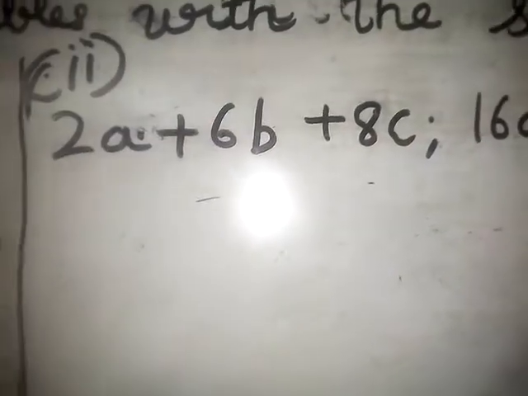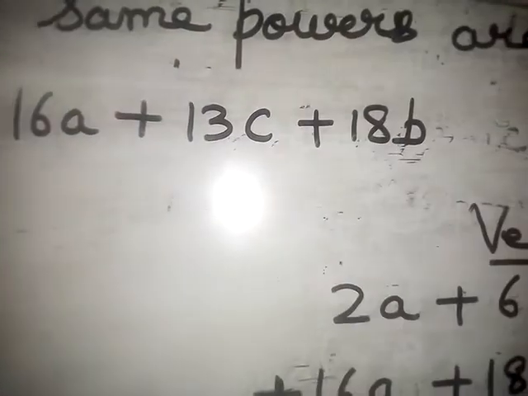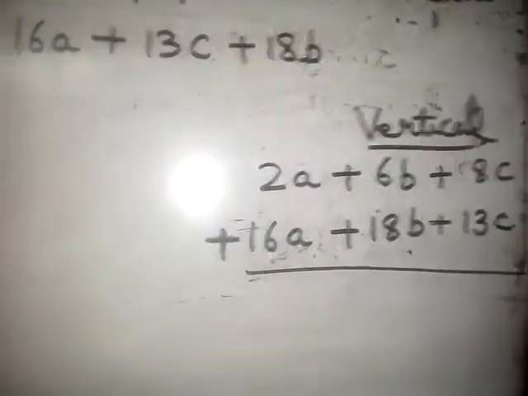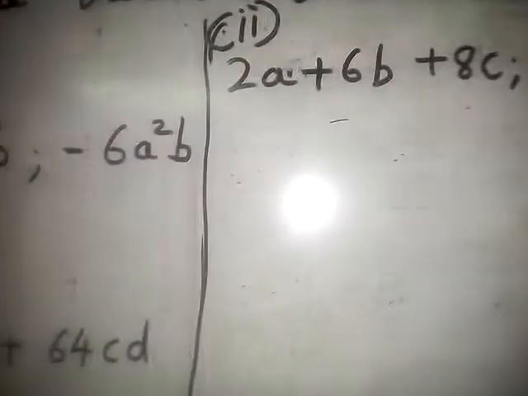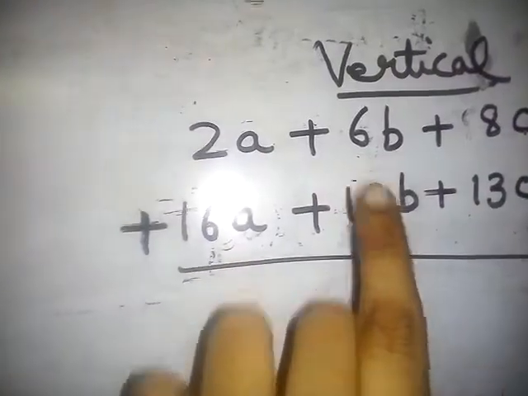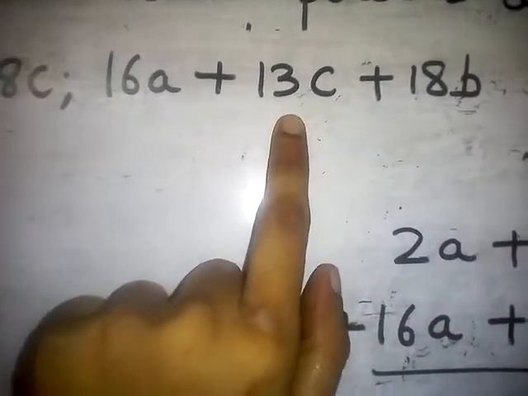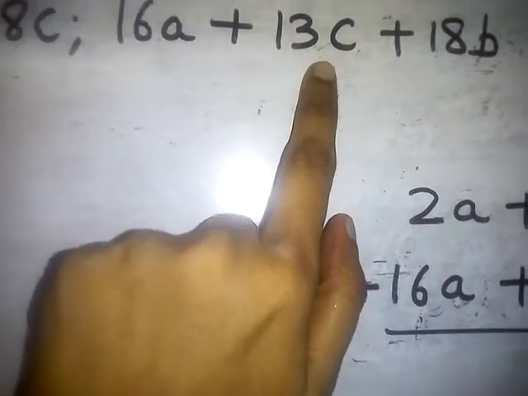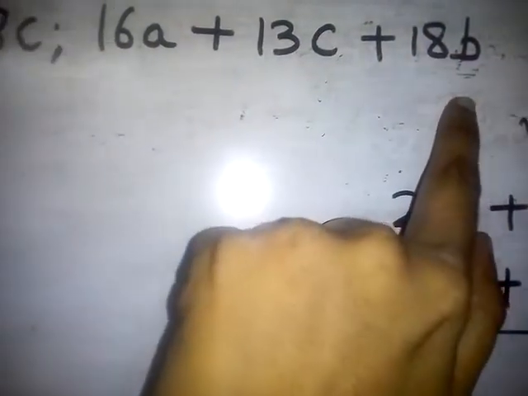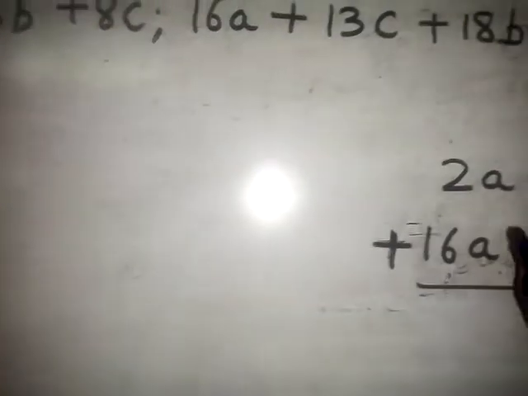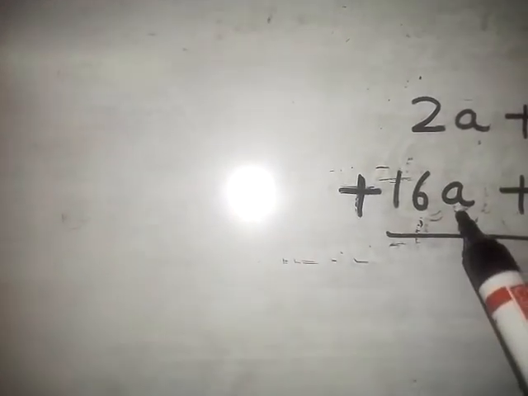See, look here: 2a plus 6b plus 8c, 16a plus 13c plus 18b. Look at these terms properly, and then you can arrange vertically. The first expression is 2a plus 6b plus 8c. You have to write it here. The second one, 16a plus 13c plus 18b, a trinomial expression, is given. 16a you have to write down where a is, the like term which is the same.